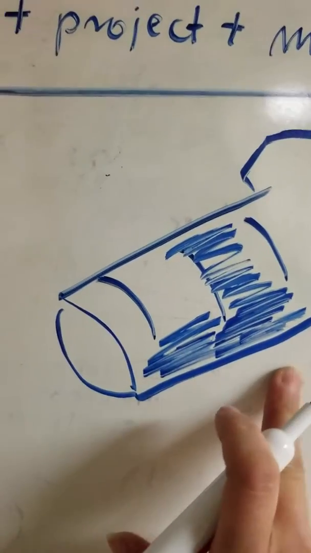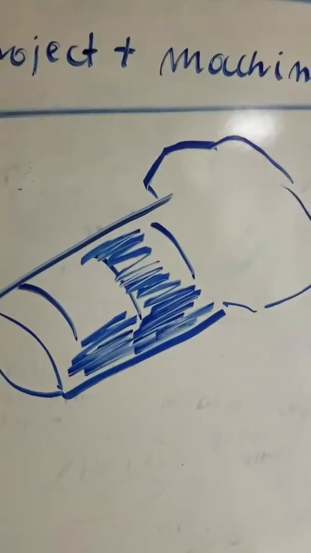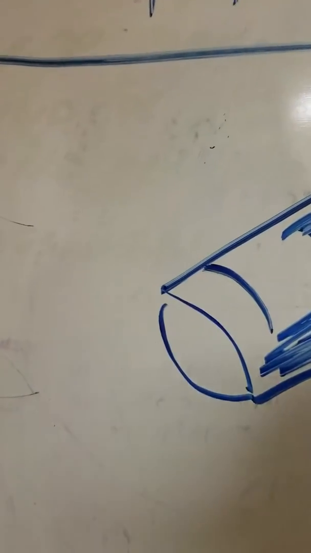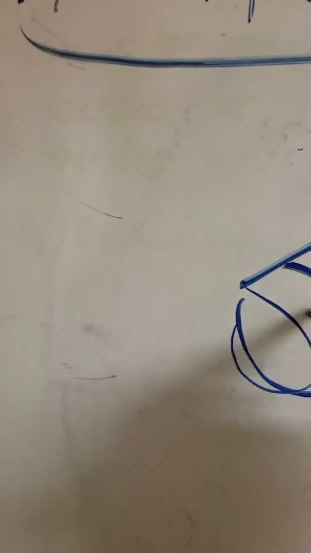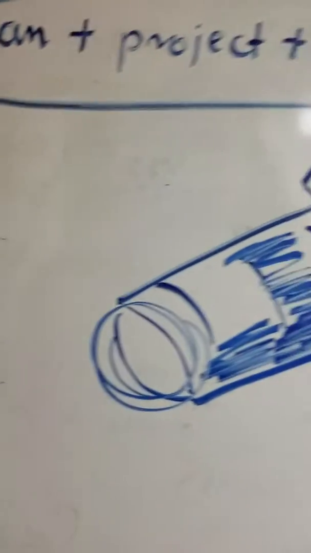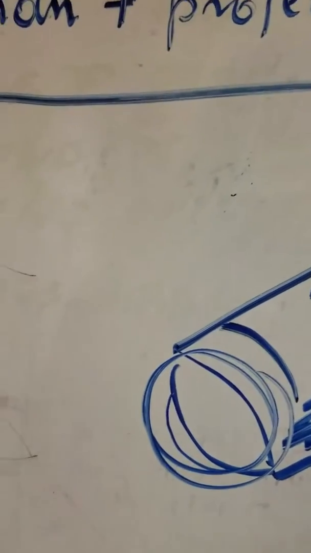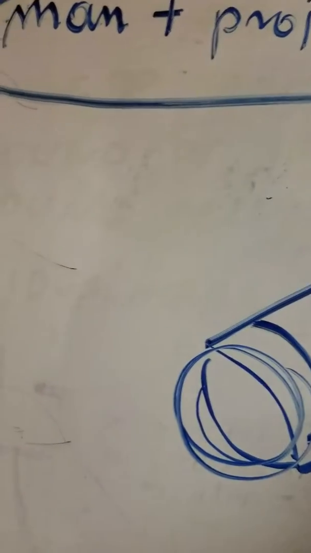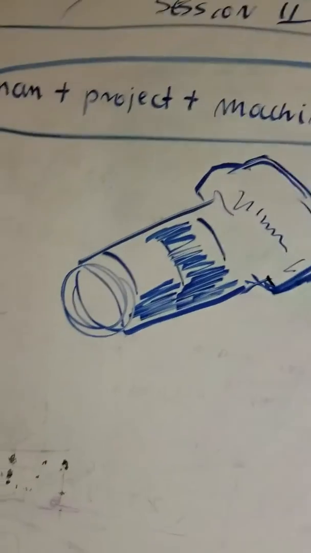If you put a finger on it, it would probably squeak with the movement. Very silky and shining. I don't know, looks like a camera, but yeah, it's definitely these three things: man plus project plus machine plus outcome.